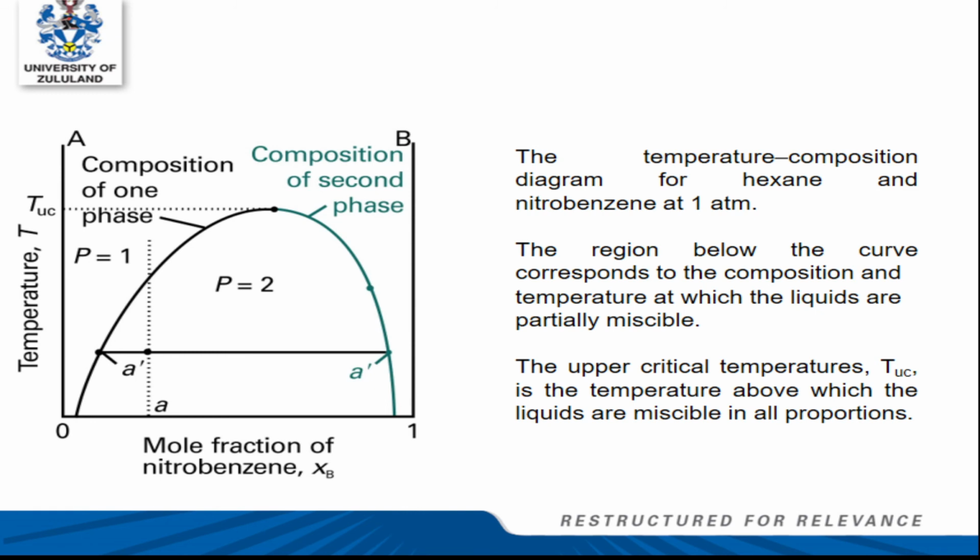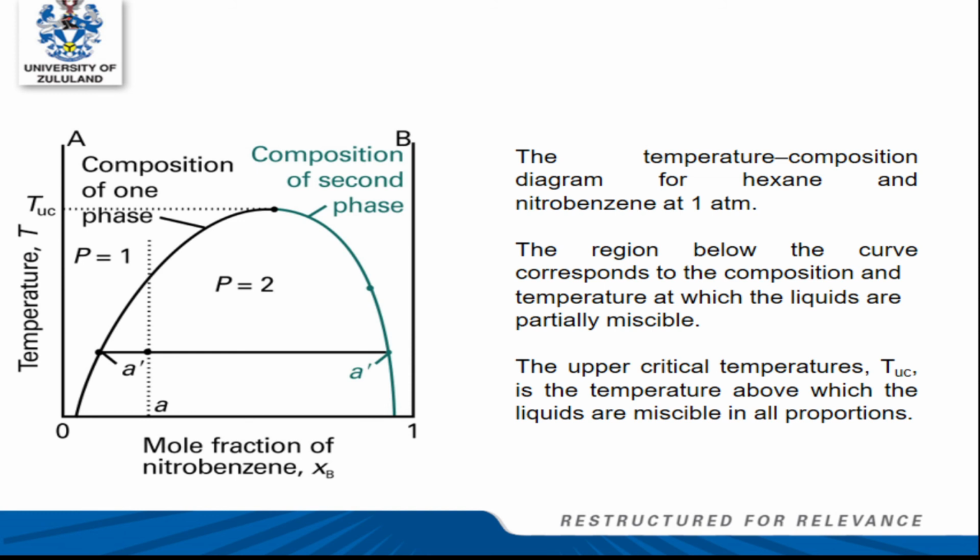In our diagram, when you look around the temperature on top, we also have the upper critical temperature, which is the temperature above which the liquids are miscible in all proportions. And we also have the region below it.